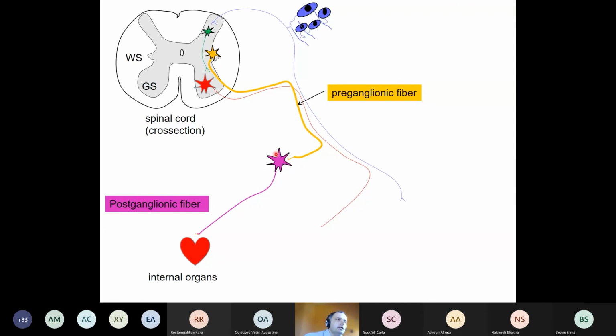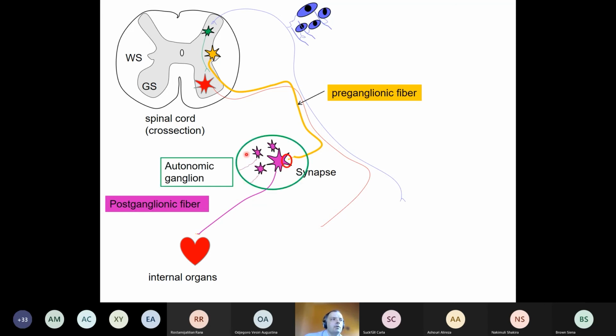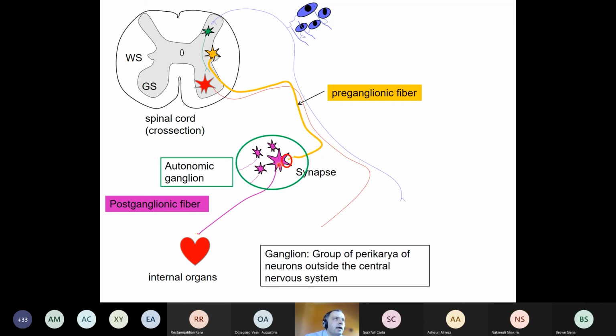Of course, again, this neuron is not alone, but you have multiple neurons in the same area. Again, I have a group of neurons outside the central nervous system. So what I'm talking about is again a ganglion. You have a group of perikarya outside the nervous system, so it fits with the term ganglion, but please compare the shape of the neurons, the morphology.